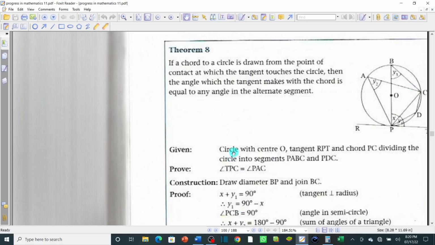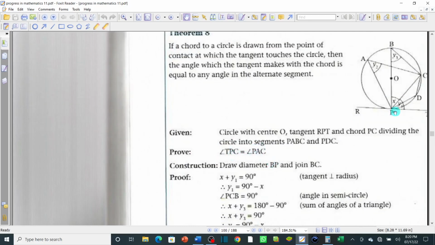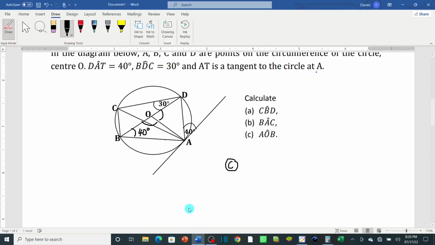If you have this book, study it, you understand. But since we are solving, I just wanted you to get the point. So this angle here is the same as this one. Now we are going to use another angle property which I want to show you. If this angle is equal to this, then this same angle is equal to this here. So this one also is 40.